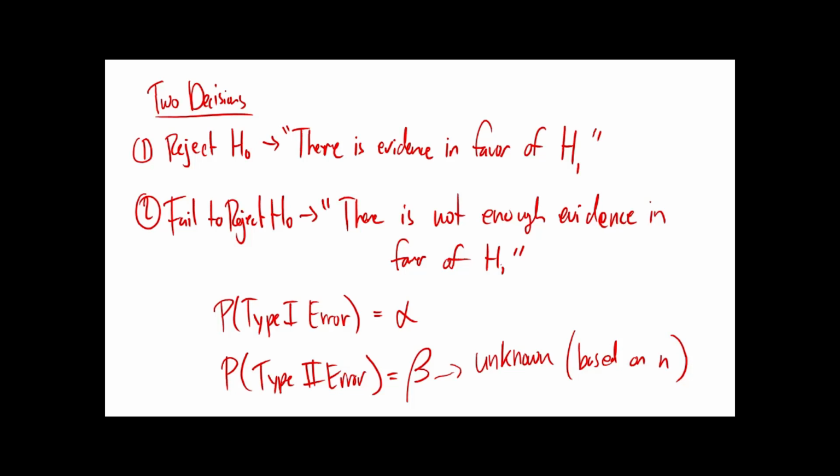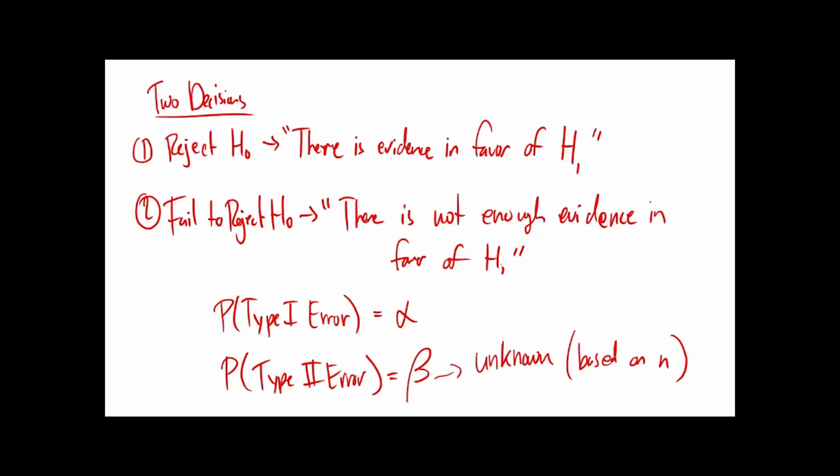So if we fail to reject the null hypothesis, we don't actually know how likely it is that we just made a type 2 error. So that's why we only say we fail to reject and there's not enough. That's why our statements are always in favor of the alternative. And we simply say that we fail to reject it rather than saying that we accept it.